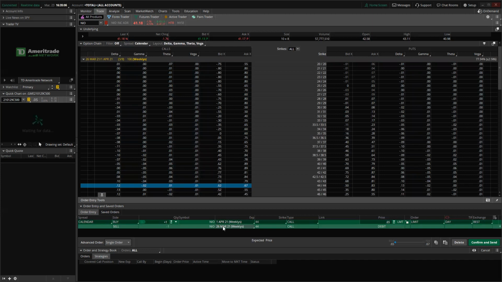The reason is you essentially want your short option down here. For example, let's say this would be the 44 strike call for the March 2021 26th expiration. We essentially want to sell this call to be able to pay for our April 21st call.